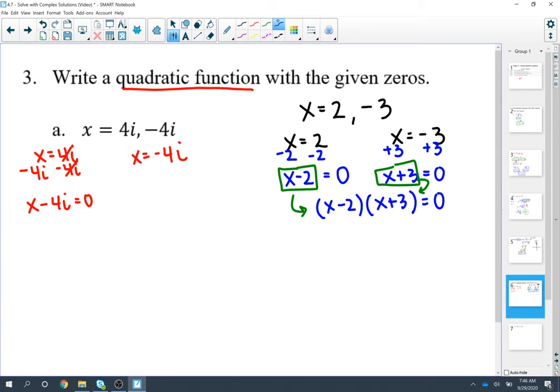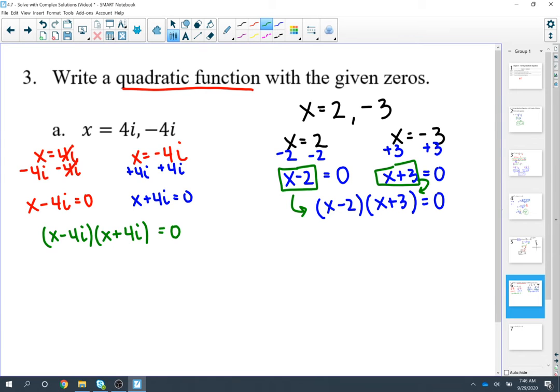And on this one, I'm going to add the 4i. So I'm going to have x plus 4i equals 0. And then I can put them back into their factors. So I'm going to have an x minus 4i times an x plus 4i equals 0.